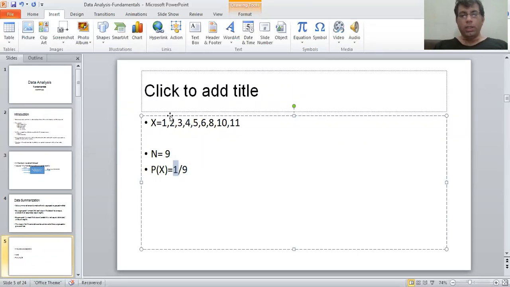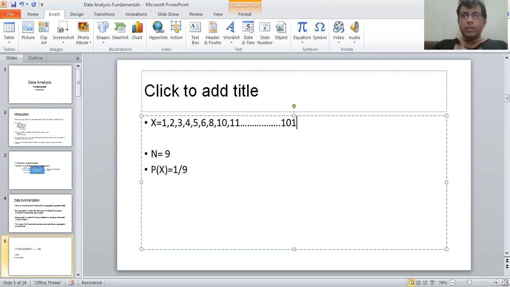For example, suppose the size of the data were very huge. Instead of this nine, suppose there were some hundreds of values present over here.